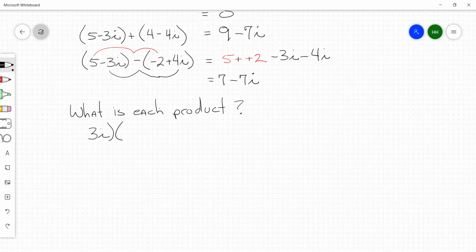3i times -5 plus 2i. This is distributive property. You got your 3i times -5. 3i times -5 is -15i. Then you've got your 3i times your positive 2i. So that's positive 6i squared.